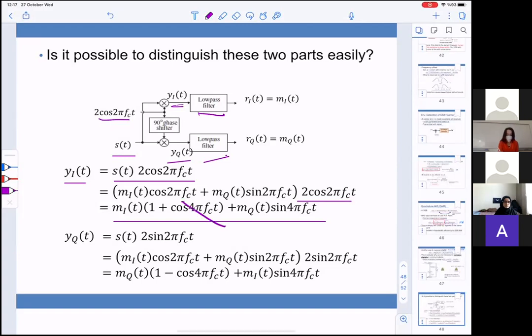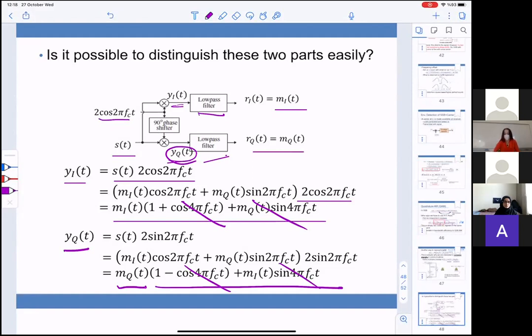This is gone, this is gone. Wow, mi of t. Mi of t, the in-phase branch signal. And similarly, yQ here is mq of t times these things, and these things are filtered out. And we have at the output of the quadrature branch of the receiver mq of t. So we recovered mi and mq perfectly.